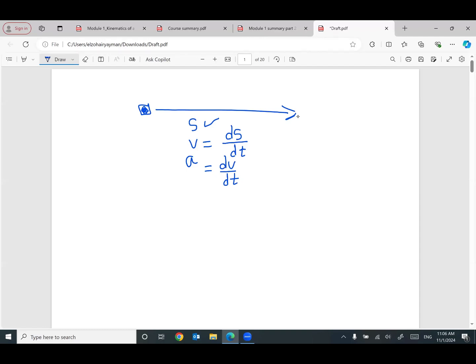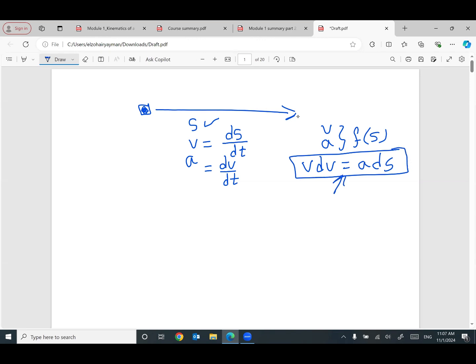And keep it in your mind, if V or A are functions of S, not functions of time, we have another relationship saying V dV equals A ds. This relationship can be used if and only if the acceleration is a function of the position, not a function of time.